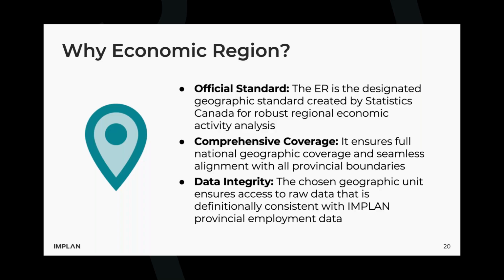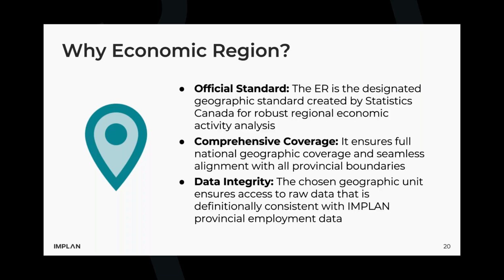Second, producing this data at a geographic level ensures full national geographic coverage. And perhaps more importantly, it maintains alignment with provincial boundaries. So even though I think there was a lot of demand and interest in having sub-provincial data at the census metropolitan area or CMA level, the problem with CMAs is that they can cross provincial boundaries.